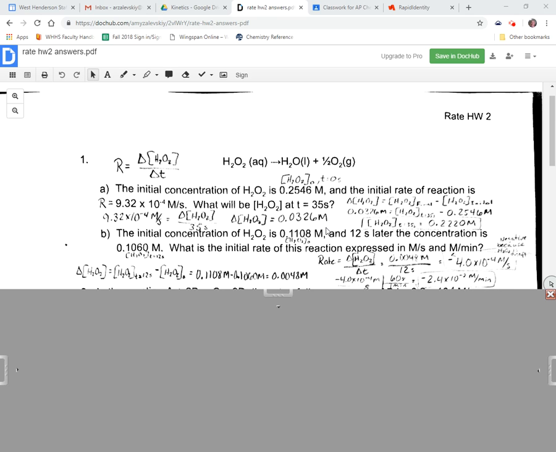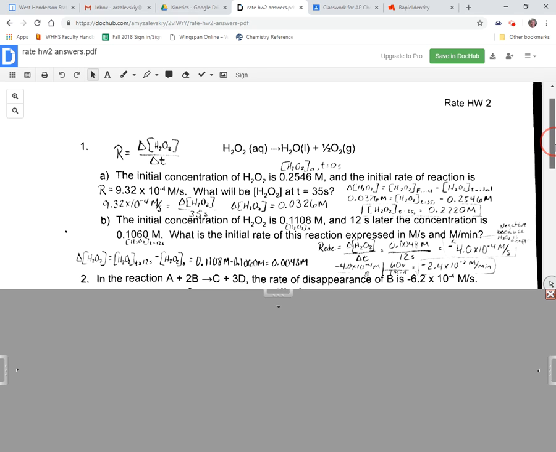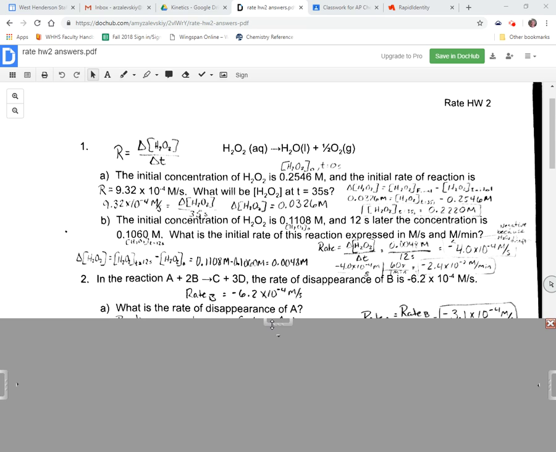All right. So going along with this, I told you need to be really, really conscious of how rate is given to you and what it's in terms of. So with this kind of mock equation, they give us the rate in terms of the disappearance of B. So in question A, they are asking what is the rate of disappearance of A?